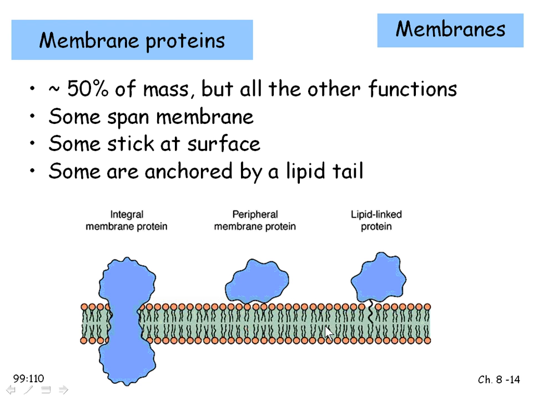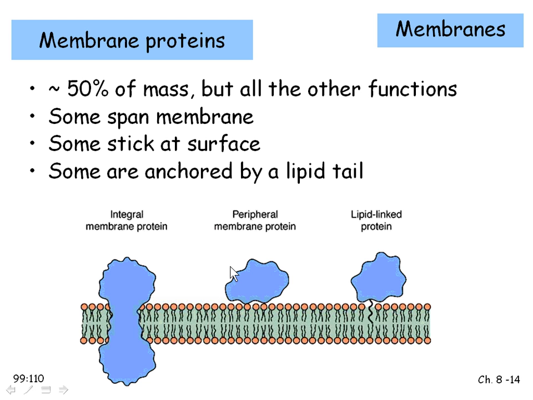Now, apart from the self-sealing character and the barrier character, most of the functions that you think of cells performing with their membranes are going to be due to the proteins. And we see membrane proteins of several kinds. We see some that go clear through the lipid bilayer, and these are called integral membrane proteins because they're an intact, continuous part of the membrane.